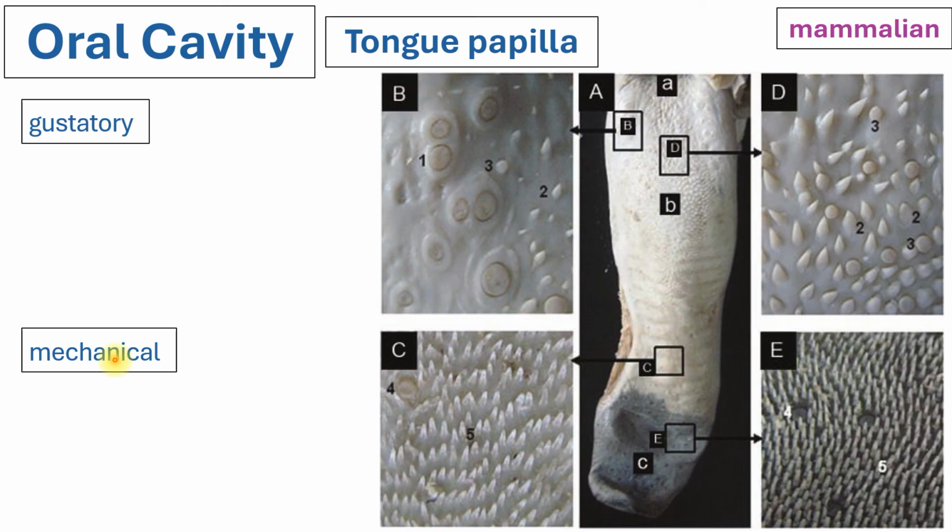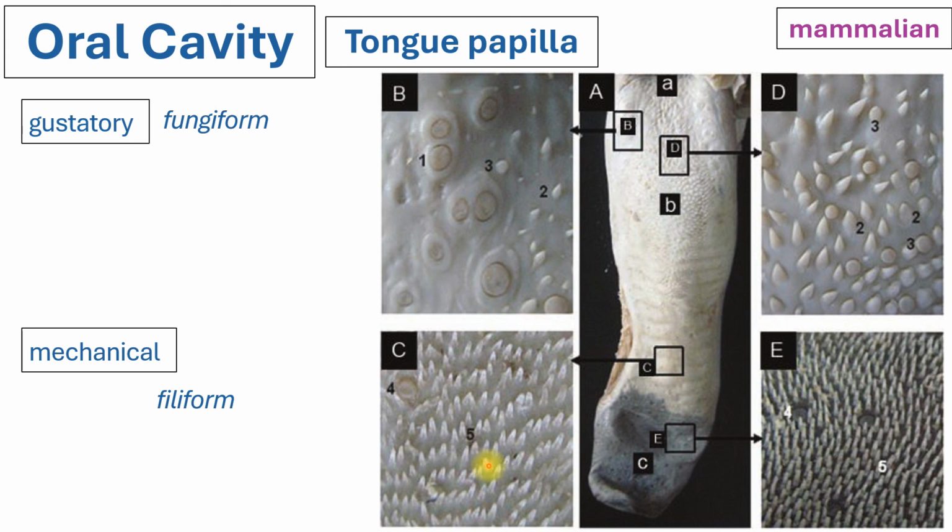Okay? So for the filiform, these are your filiform papilla. They are the most numerous. And filiform basically looks like hair or long strand-like papilla, and they do not contain any taste buds.